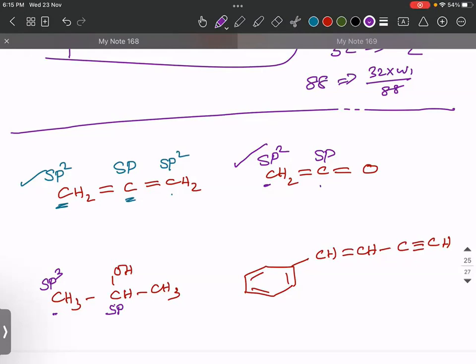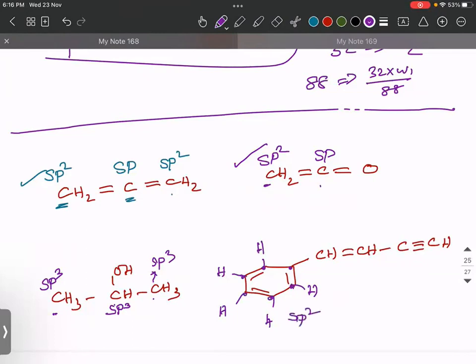So it attaches 4 groups. What about this? sp3. For all the carbon atoms in the benzene ring it is sp2, since all are attached with one hydrogen and 3 carbons. So each carbon in the benzene ring is sp2 hybridized.